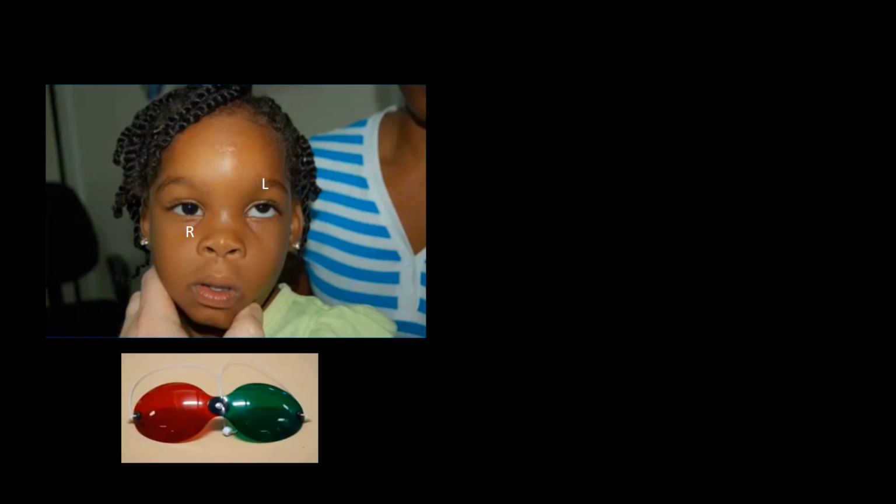Now, let's suppose that we are able to use a pair of glasses with transparent red and green crystals, and to put these glasses in such a way that the transparent red crystal is in front of the right eye and the transparent green crystal is in front of the left eye, as I have illustrated in this frame.